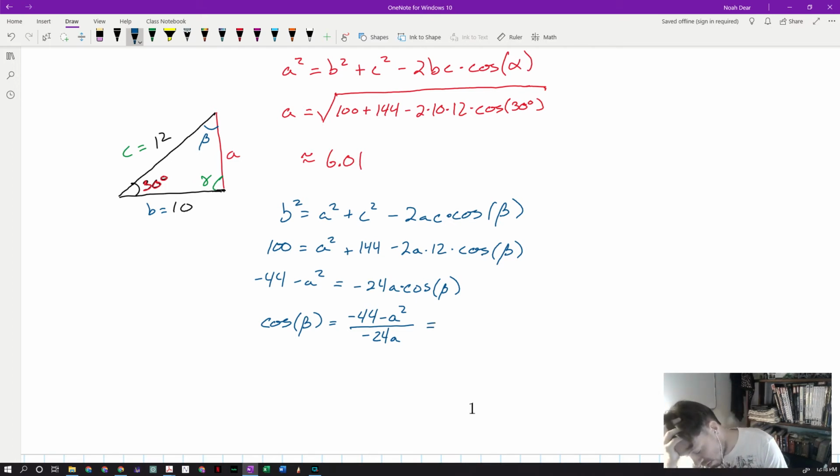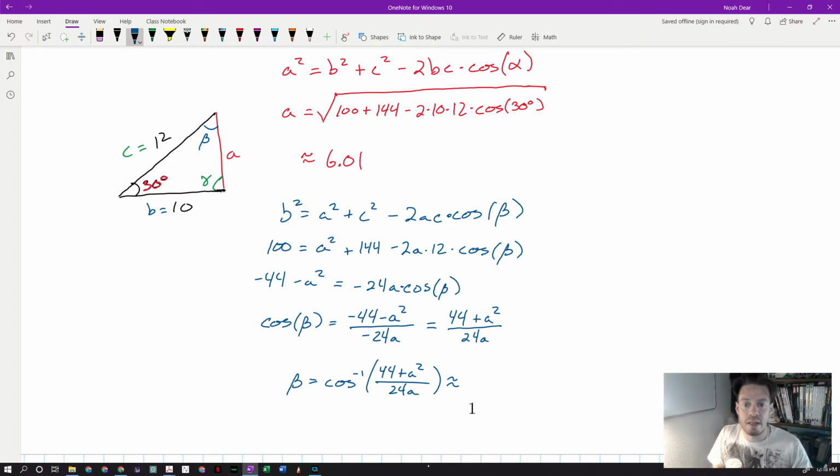I want to simplify that. I can cancel all the negatives here to get 44 plus a squared over 24a. So that means that beta equals the cosine inverse of 44 plus a squared over 24a, and plug that in.